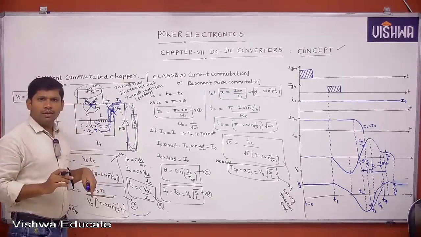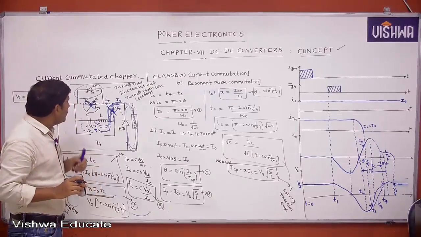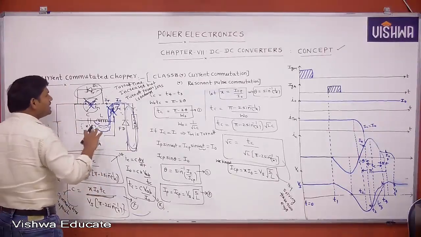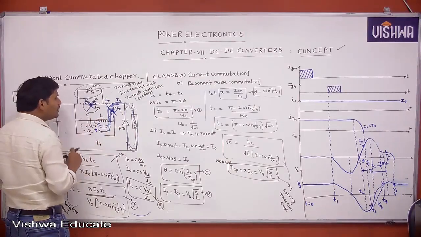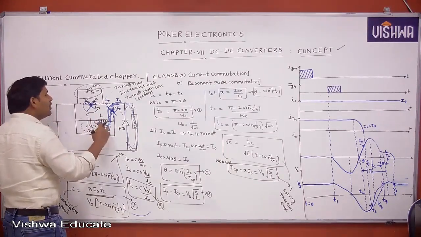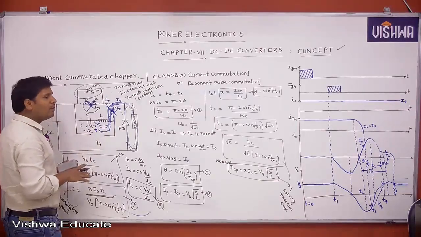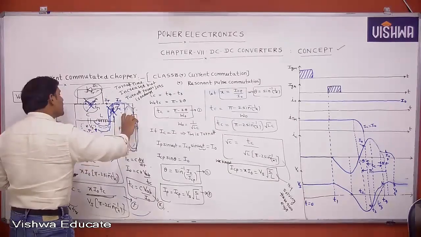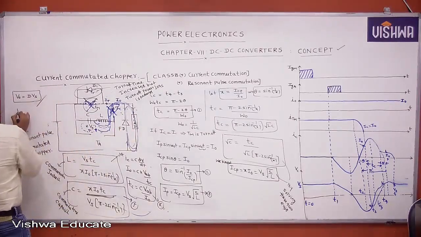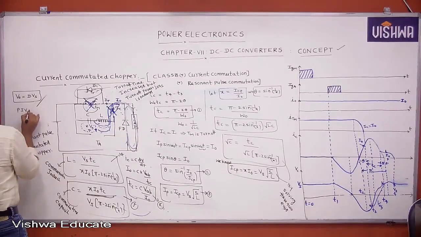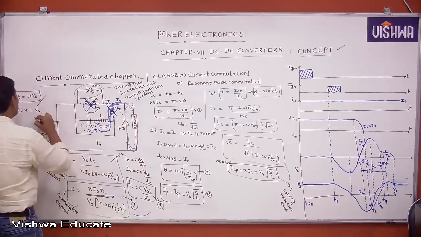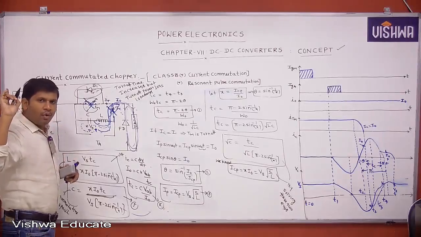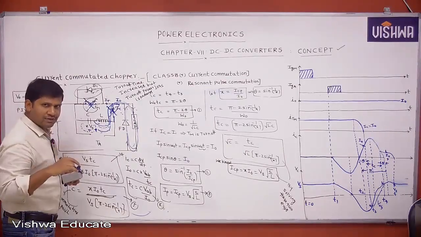That formula you remember. One more point to remember: as compared to the voltage commutated chopper, this current commutated chopper has more advantages, because the peak inverse voltage across the freewheeling diode is Vs only, and the peak instantaneous voltage across the load is also Vs. But in the voltage commutated chopper, that is 2Vs.